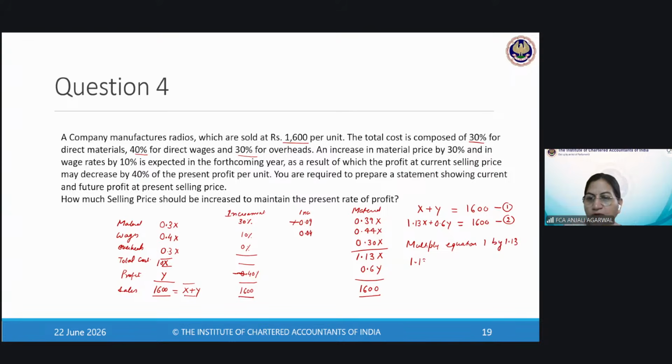So you will have 1.13x plus 1.13y is equal to 1600 into 1.13, 1808. And now we'll subtract equation 2 from 1.